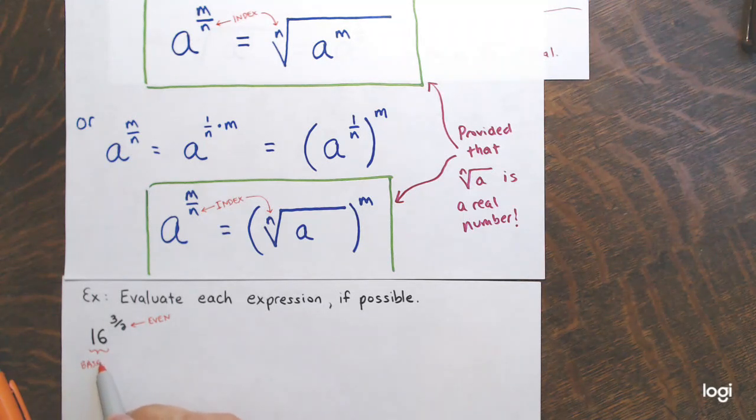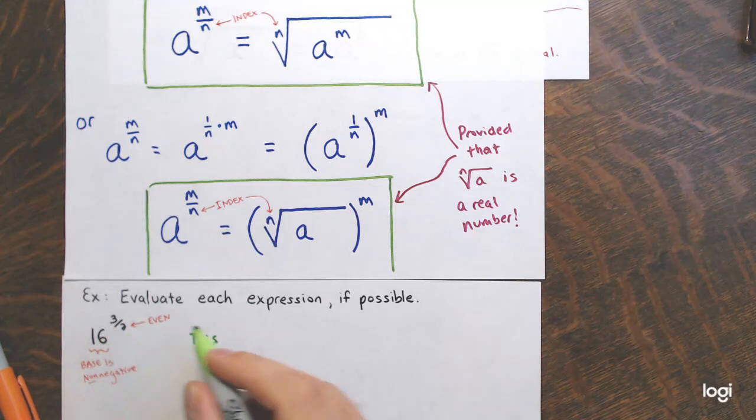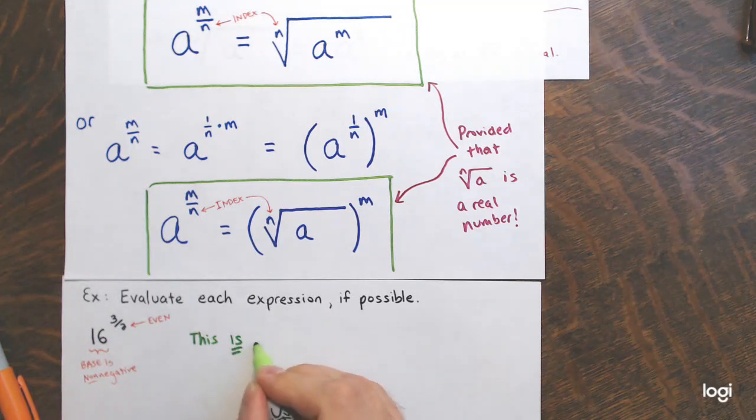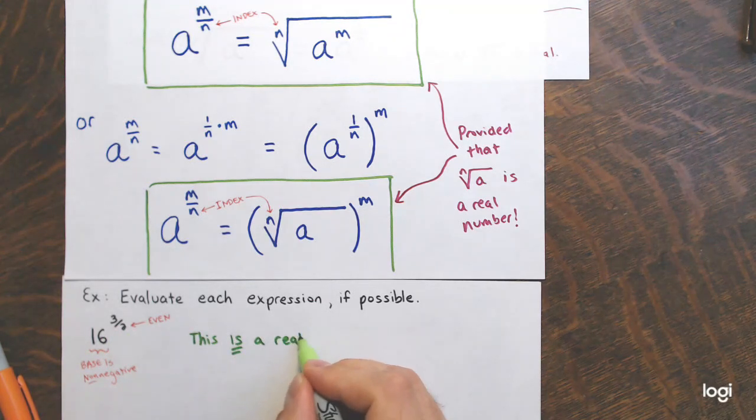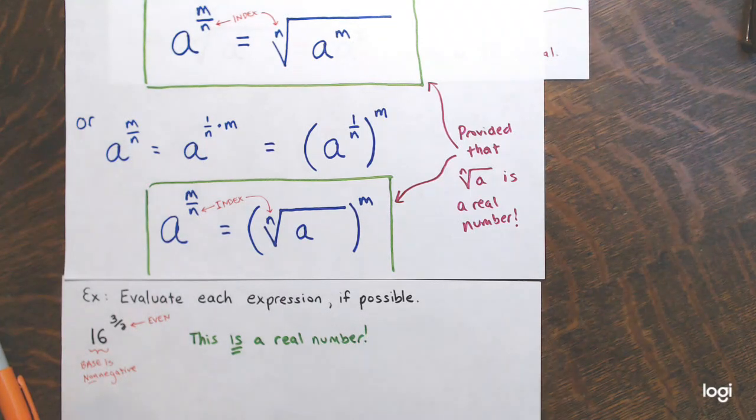The base is non-negative, not negative. So 16 to the 3 halves is going to be a real number. So let's try to find that. What number is it equal to?